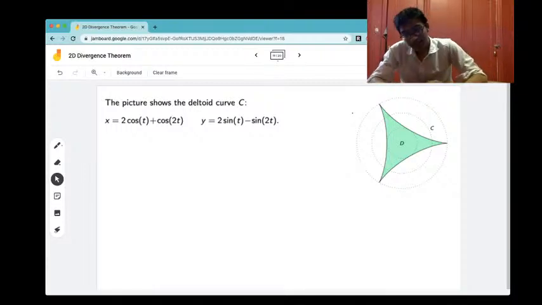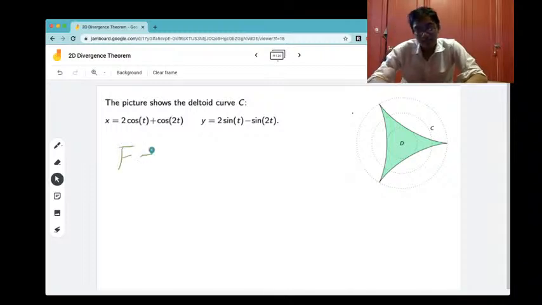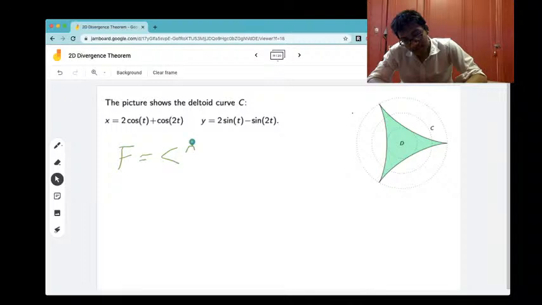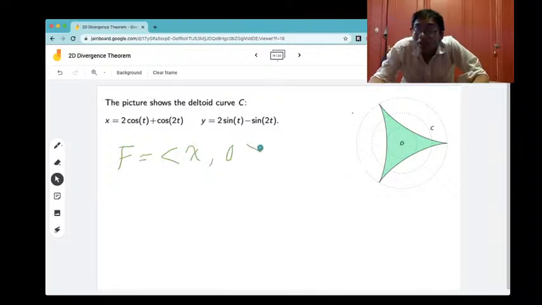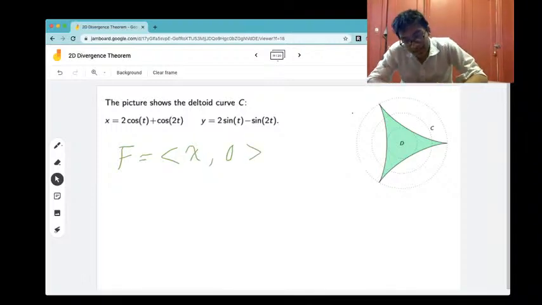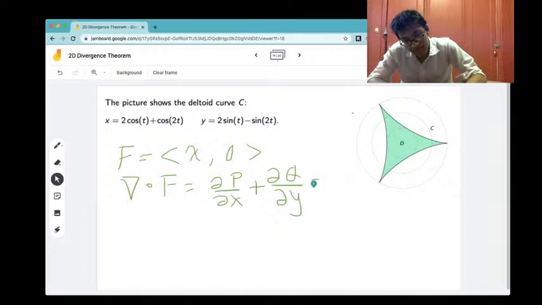So I'm going to say I have a vector field f such that it has an x component of x and y component of 0, right? And what's that going to allow me to do? Well, that's going to allow me to calculate the divergence of my vector field as the following: partial p partial x plus partial q partial y, and that's just going to give me 1.